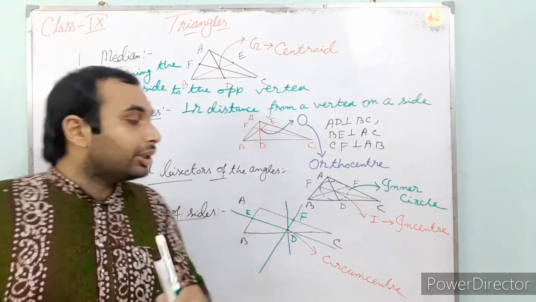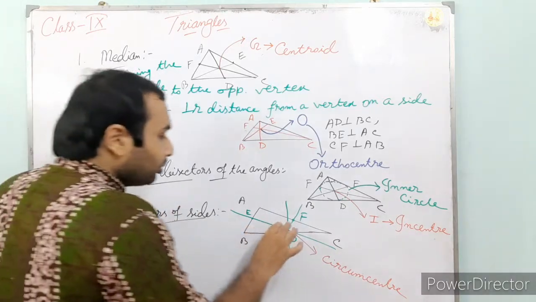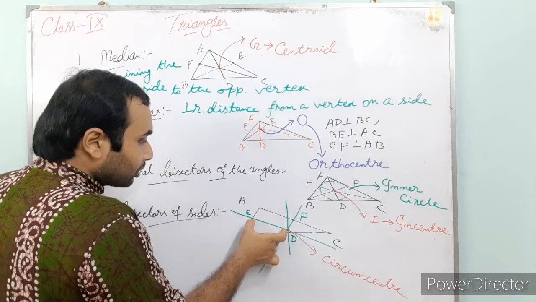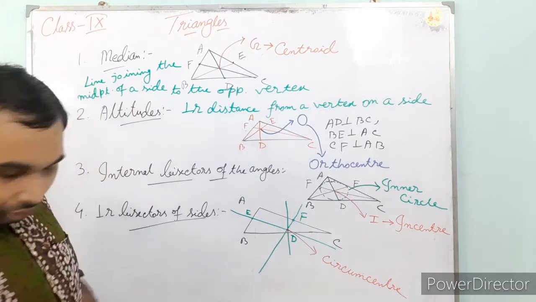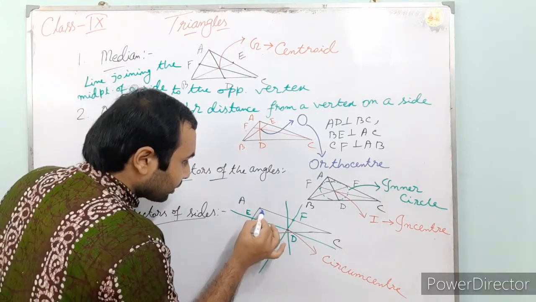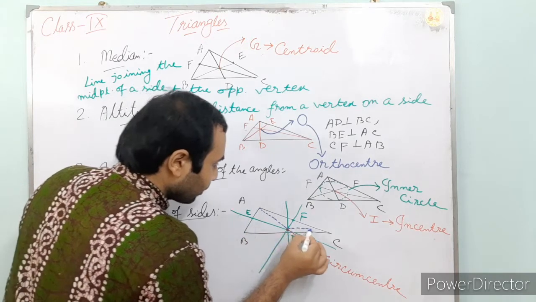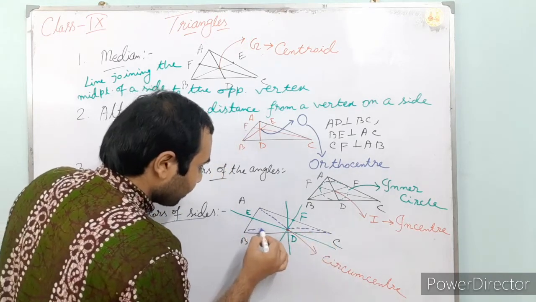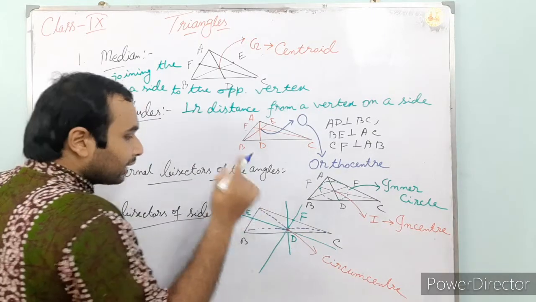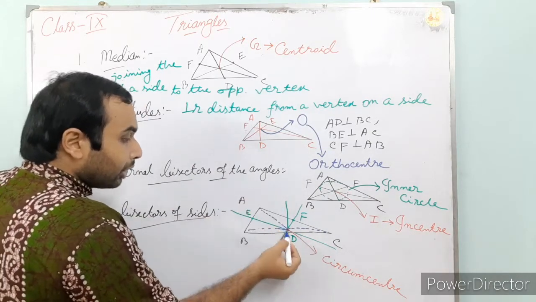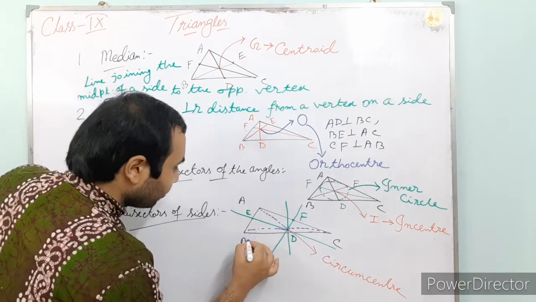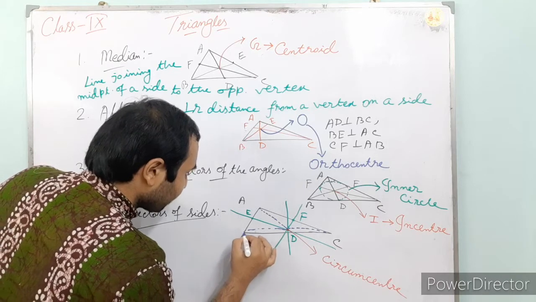Why is it the circumcentre? Because if you join those points and then take that radius, put the pin of the compass here and draw a circle, then the circle will look like this.